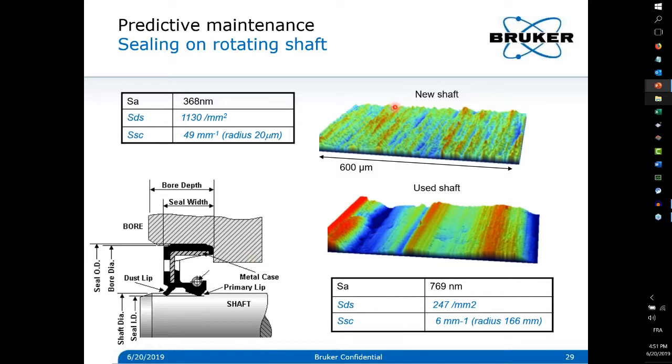For best sliding conditions, we want a certain texture, so we want the radius to be short. We want them to be short as well, because if it's too large, then you start to create a leaking path for the oil. If you have a small radius, for instance, the pressure and the deformability of this elastomeric seal will fill in the gap and avoid any oil escaping.